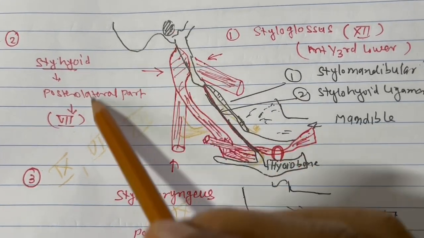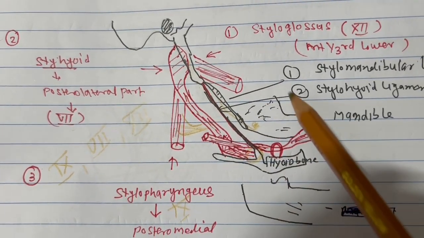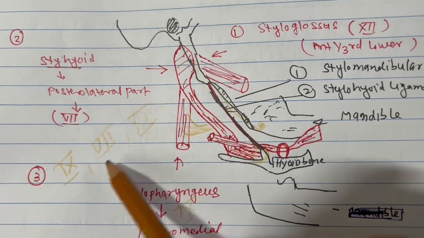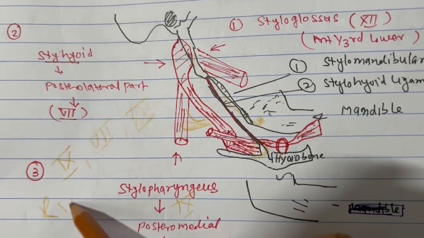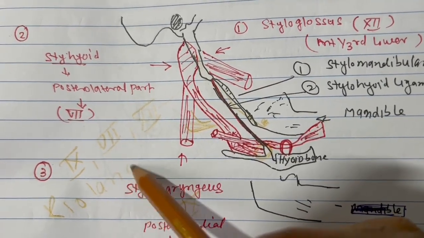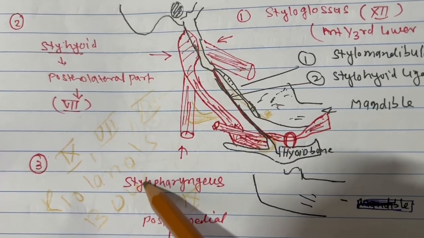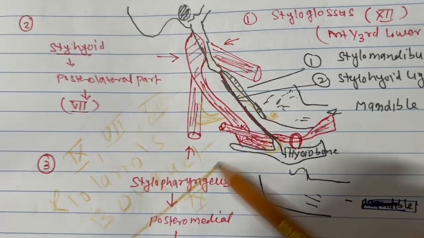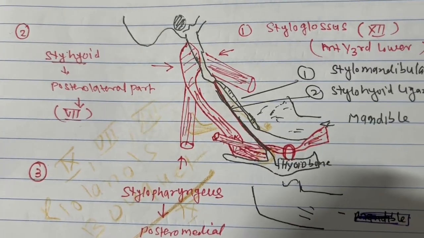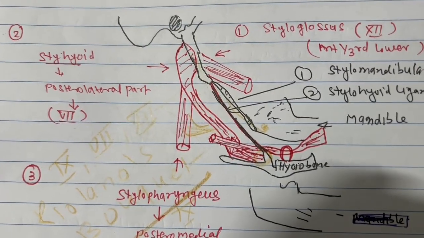So this whole complex is called Riolan's bouquet. Okay, so this is the whole concept of the styloid apparatus.